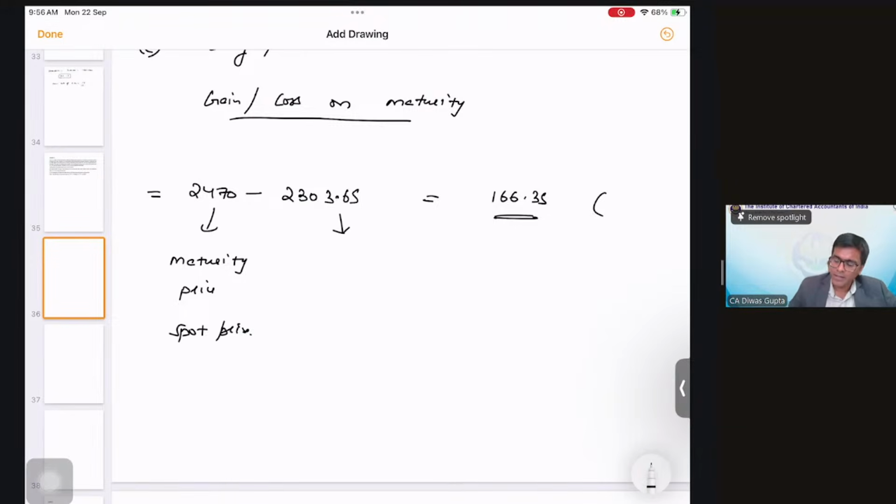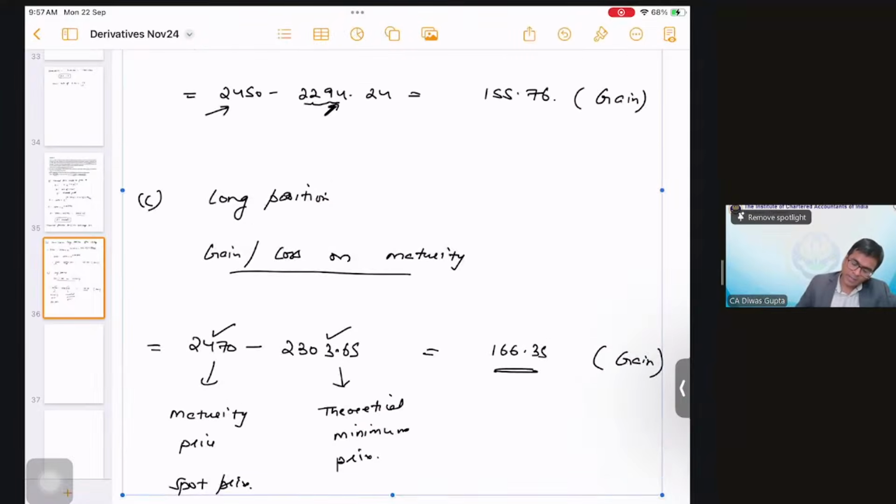And this is the theoretical minimum price. You have taken a long position at 2303.65. The actual price on maturity is 2470, which is higher. In case of a long position, if the price goes up, is it a gain or do you lose? It is a gain. Yes, very good. It's a gain.